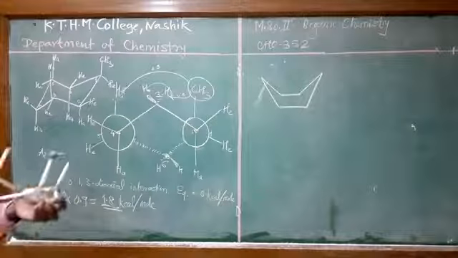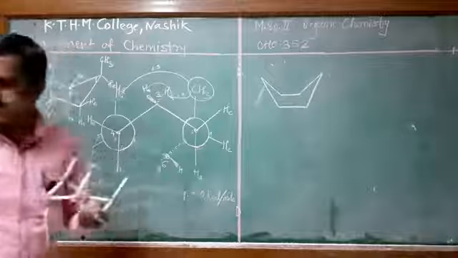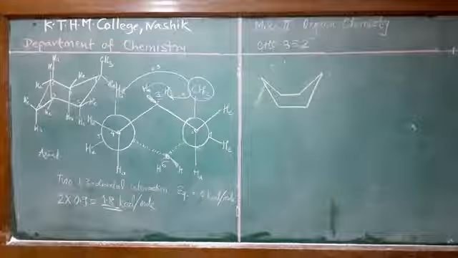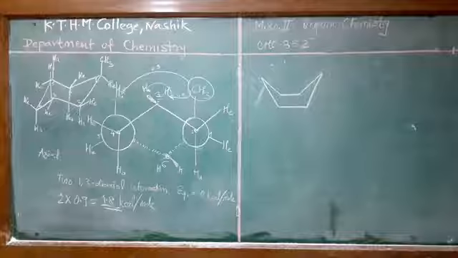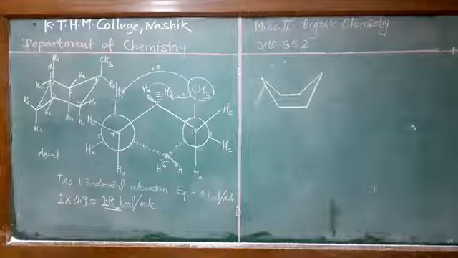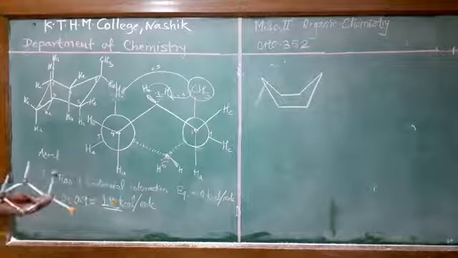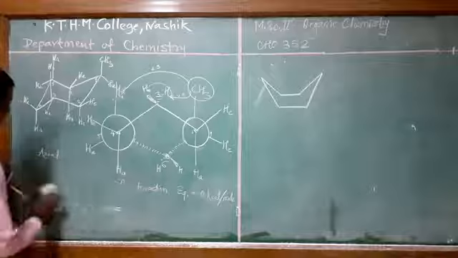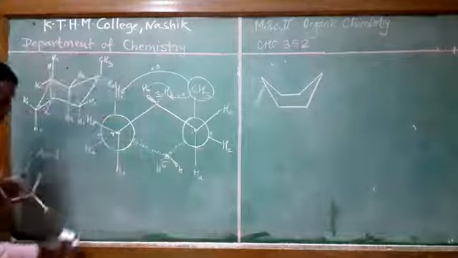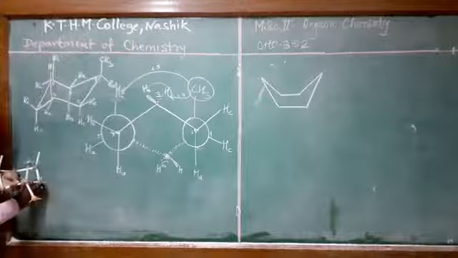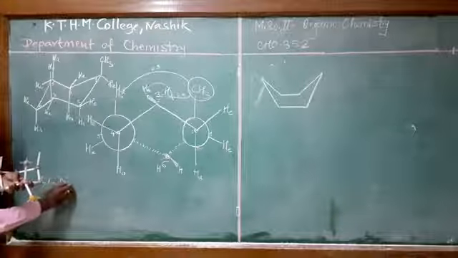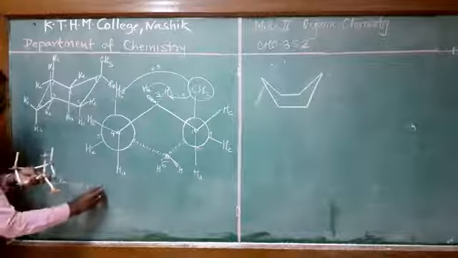Similarly, if I put two substituents on the same carbon atom, meaning 1,1-dimethyl substituted cyclohexane, 1,1-dimethylcyclohexane.